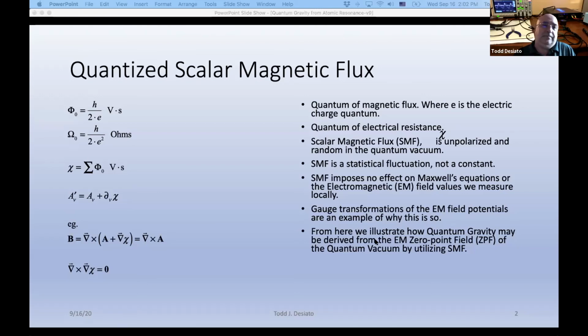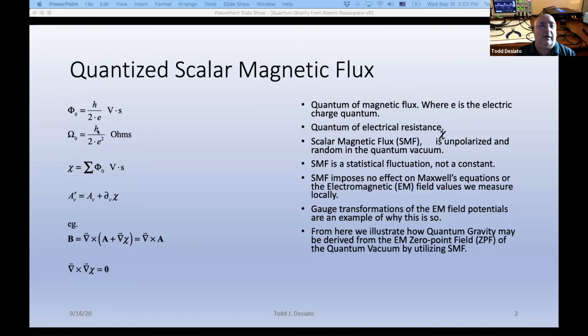The scalar magnetic flux is the units, Webers or volt-seconds, however you want to think of it, of the magnetic field that is this scalar field. So the magnetic flux is quantized, and the quantization is Planck's constant over 2 times the electric charge, the fundamental electric charge.